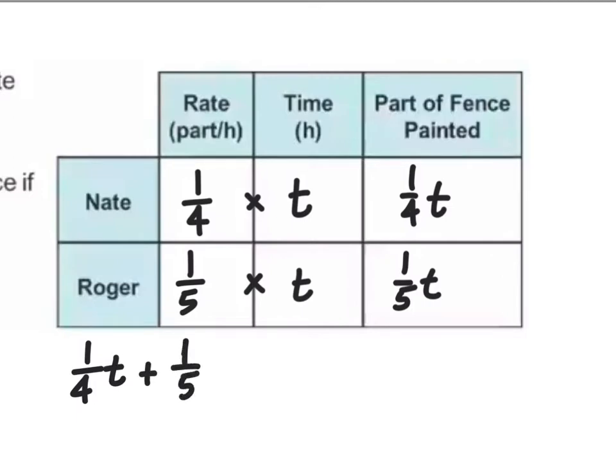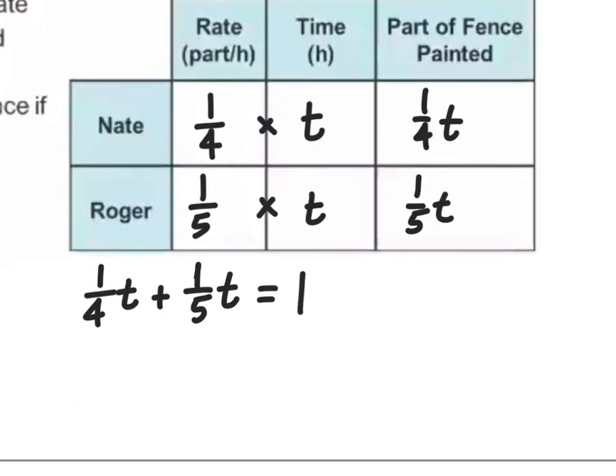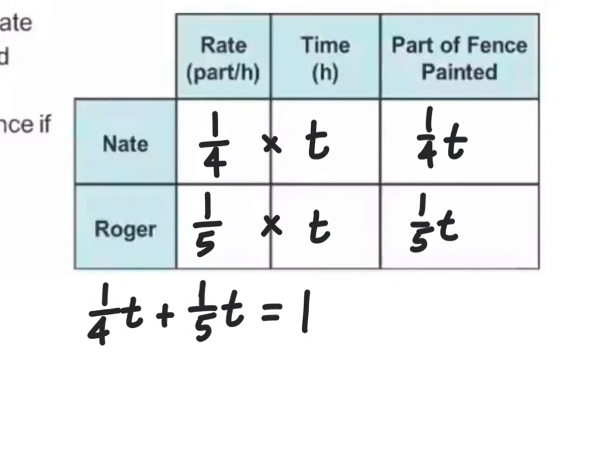If I take the part of the fence that's been painted by Nate and the part of the fence painted by Roger and add them together, then I'm going to get one whole fence that's been painted. This is the standard equation that we write.